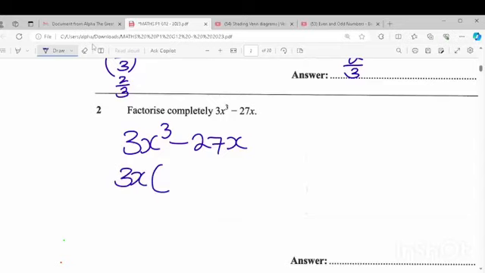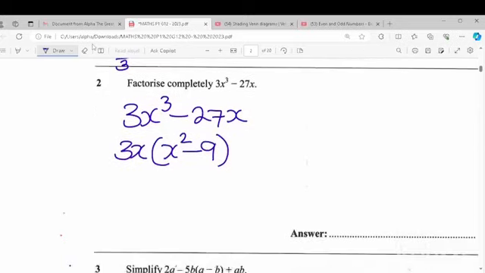If you say 3x cubed divided by 3x, we are going to have x squared, minus 27x divided by 3x is 9. So we are going to have 3x, then x squared minus 9.